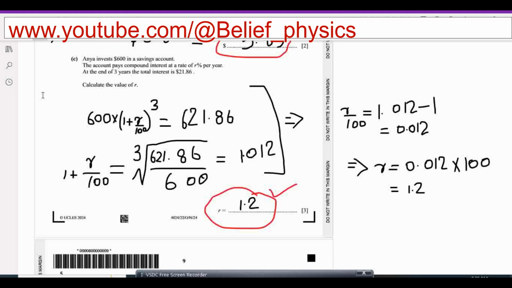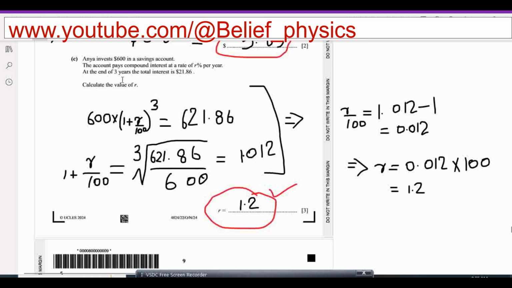The account pays compound interest at a rate of R% per year. At the end of 3 years, the total interest is 21.86. It means the total value will be 621.86. So we have to find R. The formula for compound interest is original amount times (1 plus R over 100) raised to the power of the number of years.